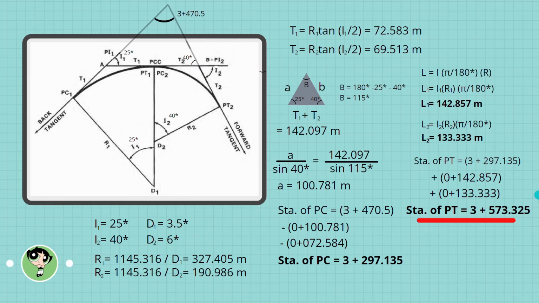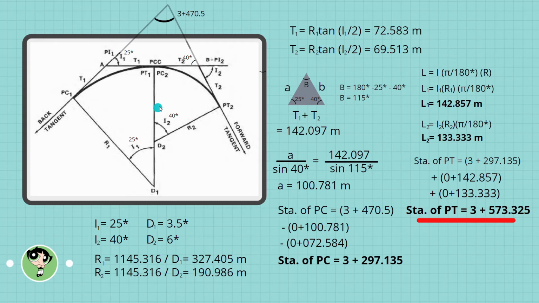For us to get the station PT, we need the station PC, our length of the first curve, and our length of the second curve. However, L1, L2 and the station of PC are not given. So, of course, we have to solve for them.